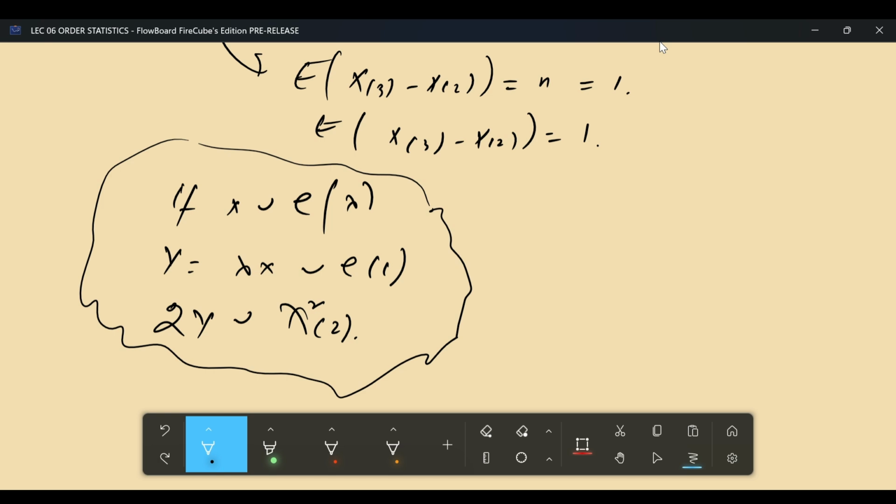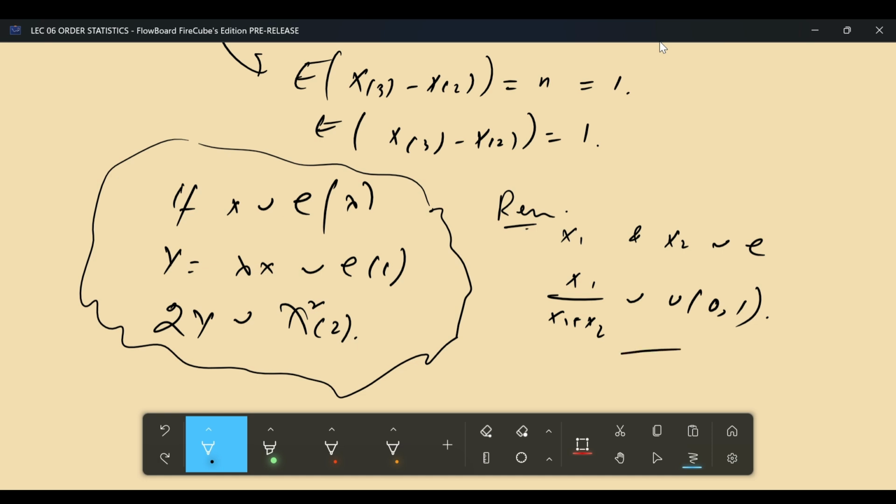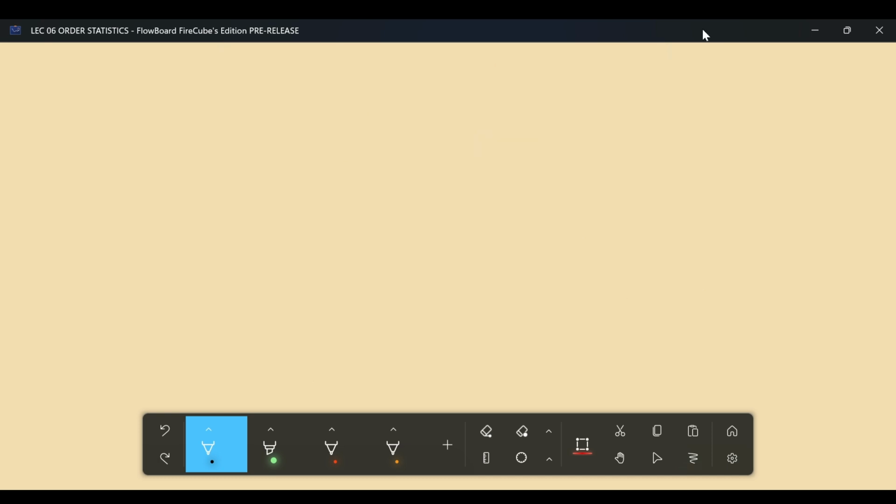And remember, this is not the result from order statistics, but you have to remember this: if x1 and x2 follow exponential, then x1 plus x2 follow uniform 0, 1. Uniform 0, 1.